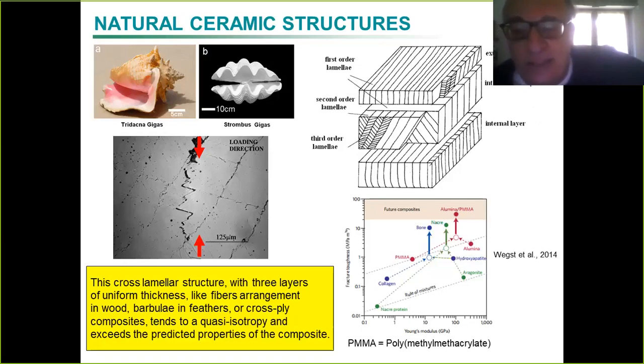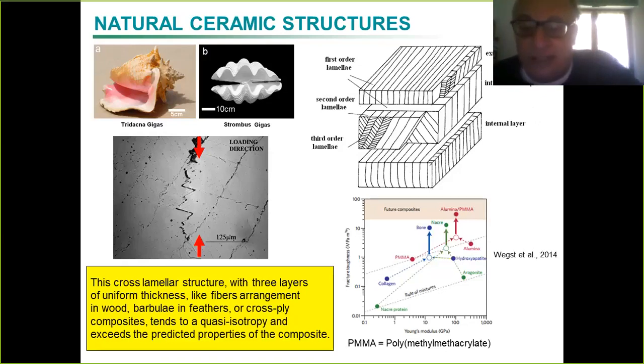Plexiglass on its own has a reasonably low Young's modulus, so please be aware that this scale is logarithmic. Collagen is the protein that forms bone. It's a mixture of amino acids that is the building brick of bone.